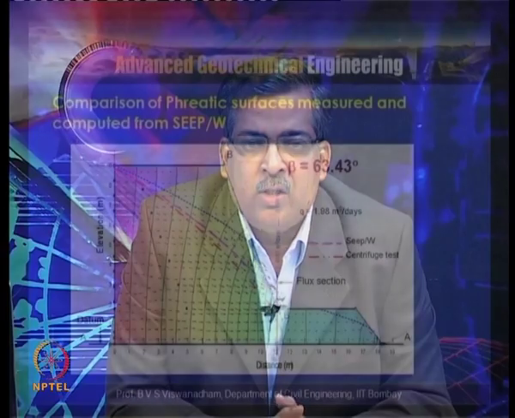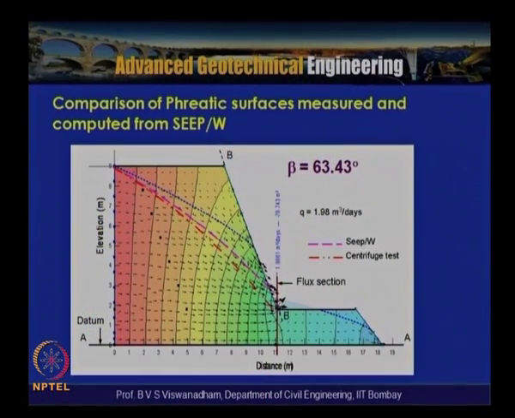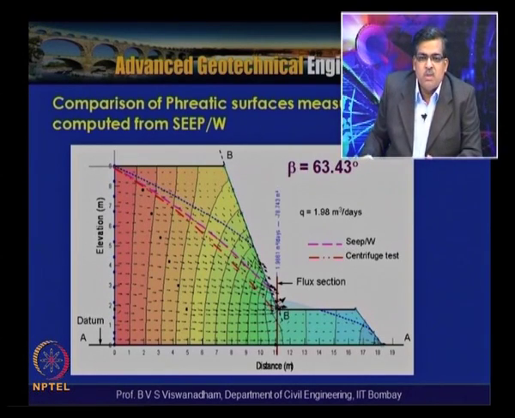The reason why this has been shown is that the phreatic surfaces obtained experimentally were compared with those obtained from the CPS analysis, as well as from some experimental work carried out at IIT Bombay. This comparison is for a slope of 63.43 degrees.